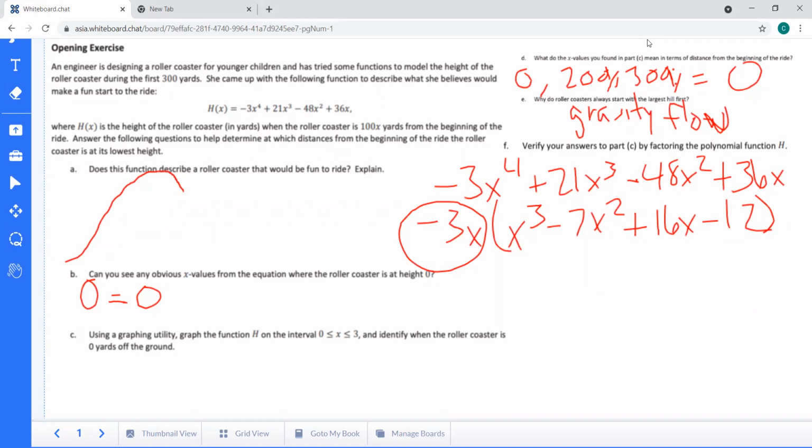So the only thing, I'm going to have to basically do a little cheat here. Since I know 3 is going to be a 0, I'm going to say x minus 3 is a factor. Now, if I factor that out, what is that going to leave me?